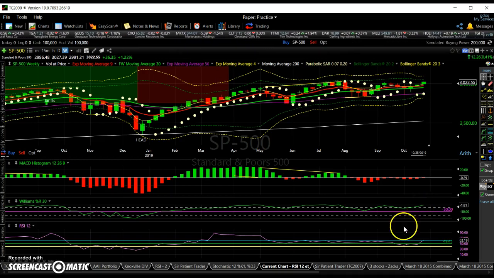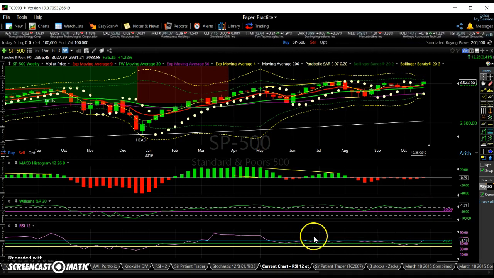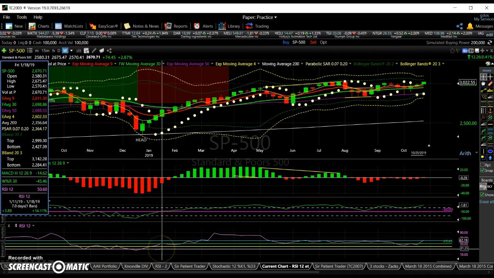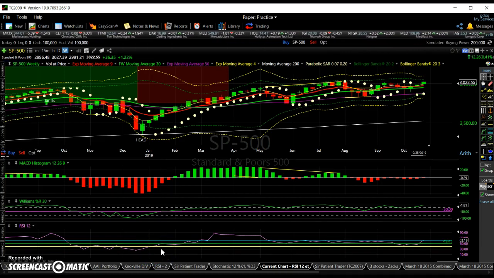Williams RSI 12, which is very prescient on the weekly chart, broke above the 40% line right here, that yellow line, and since then it's remained above it. According to the research using the 12 RSI, in a bearish market you don't see this above the 40% line.